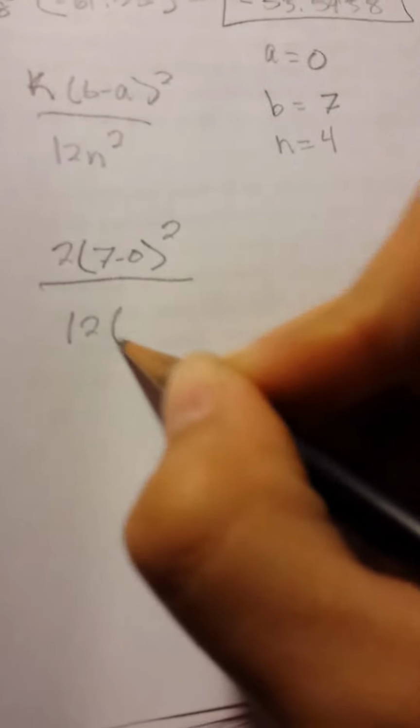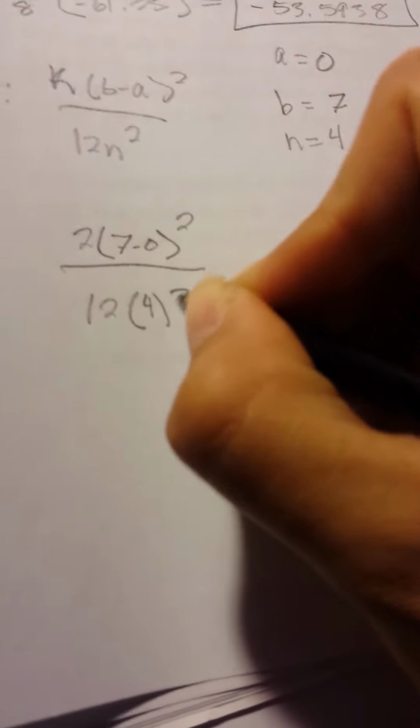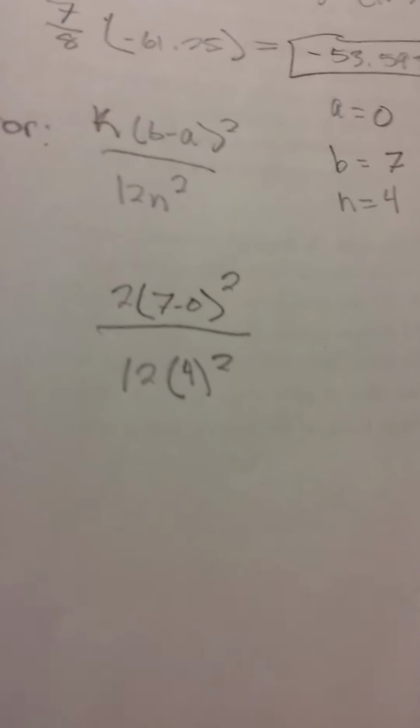There's not a formula, it's just 2. You use this k to plug in, so you get 2 times 7 minus 0 squared all over 12 times 4 squared, and then you simplify this out.